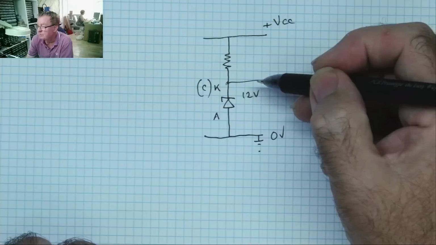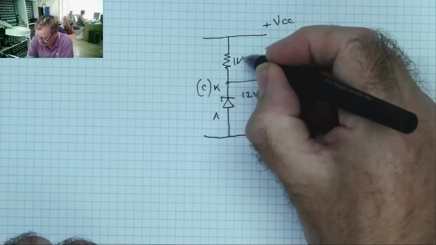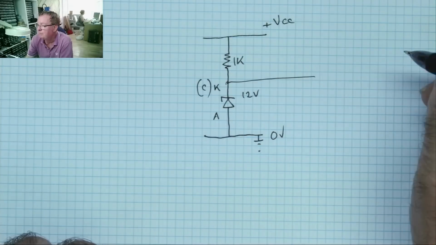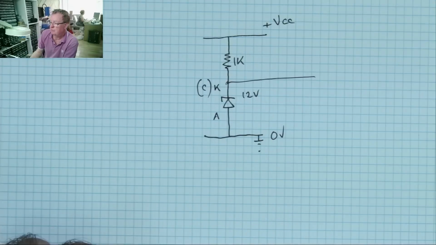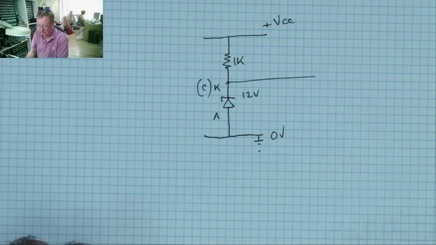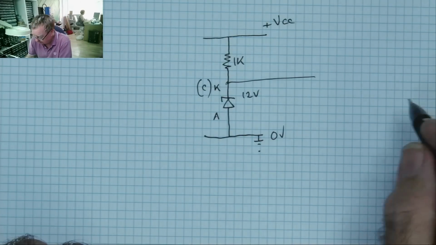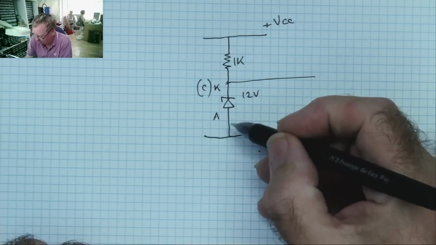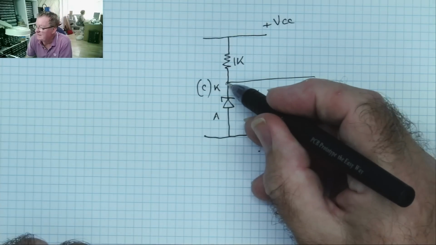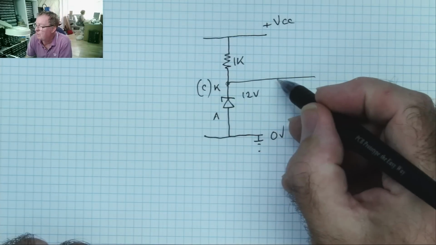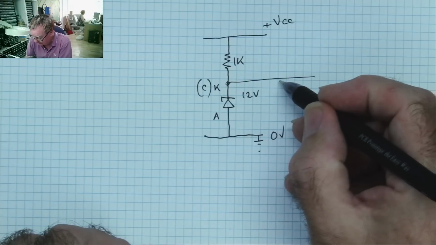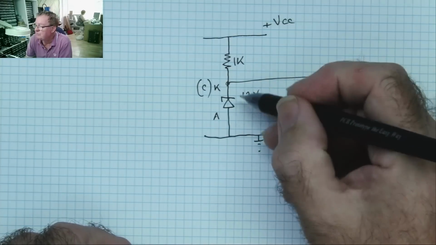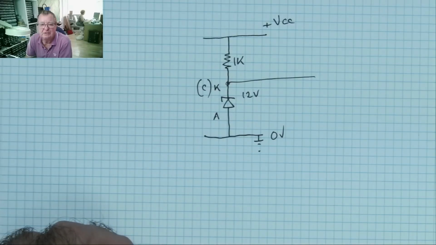I'll show you this, we'll do it in practice. We have a resistor to limit the current flowing through the diode. The value is not critical in most cases. I'm going to use a 1K resistor. And you'll see that once the voltage at this end of the Zener reaches 12 volts or very close to that, I can continue to increase the voltage here, but that will stay the same.